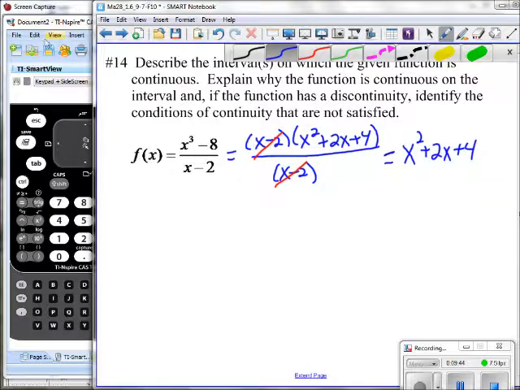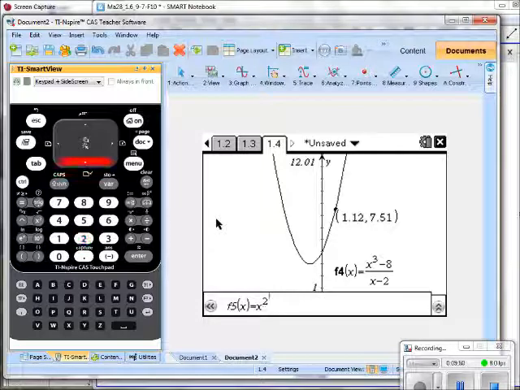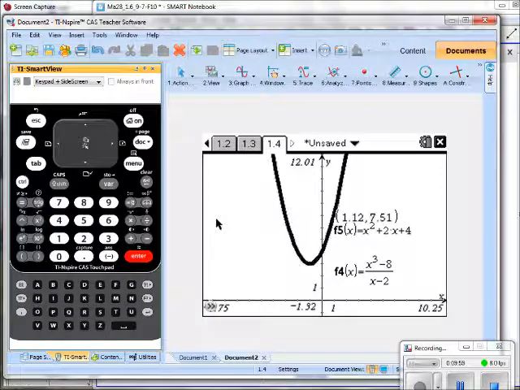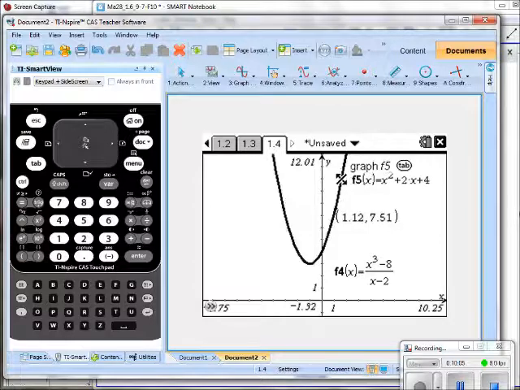Okay, we're going to put that in. So I'm going to type it as you type it, x squared plus 2x plus 4, and it appears to not have changed my function at all.